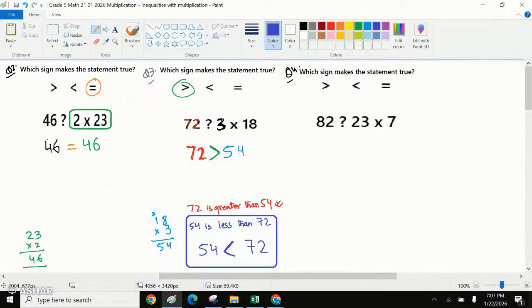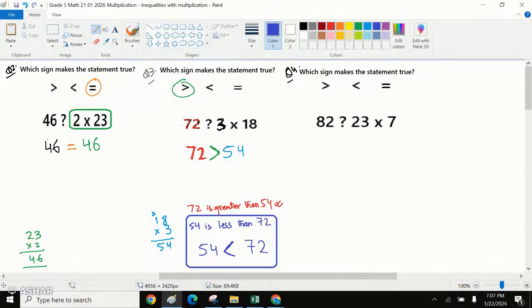Do we agree on this? 54 is less than 72, or we can say 72 is greater than 54. Vice versa, right? Agreed? Okay, let's try question number 4.